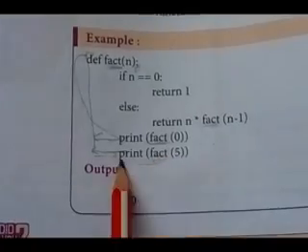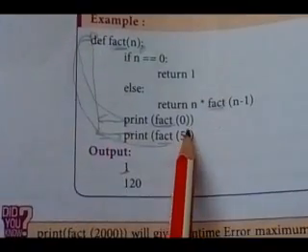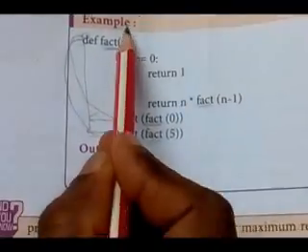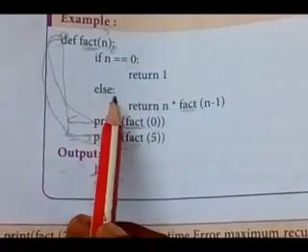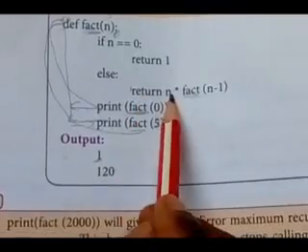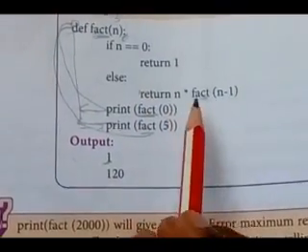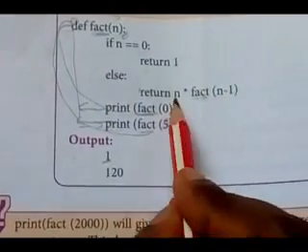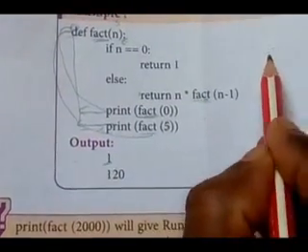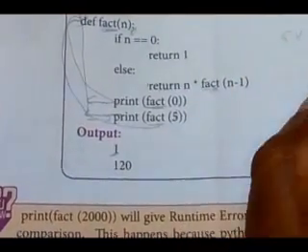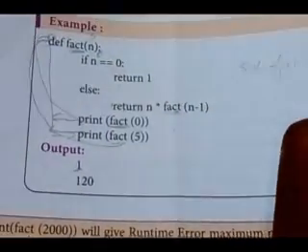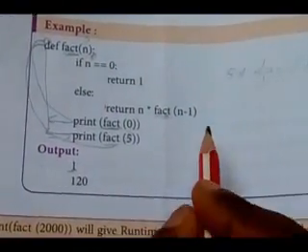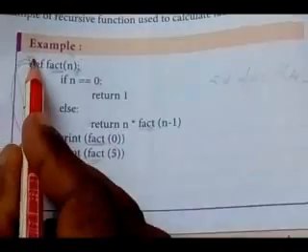This fact function is called again, taking value 5, n is 5. If n equal to 0, 5 equal to 0, false, then it comes to return n into fact of n minus 1. That is 5 into fact of n minus 1. N minus 1 means what? 4. Now n is 4. Did you get it? Again it will go here.